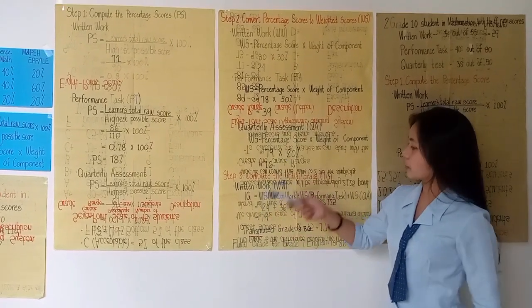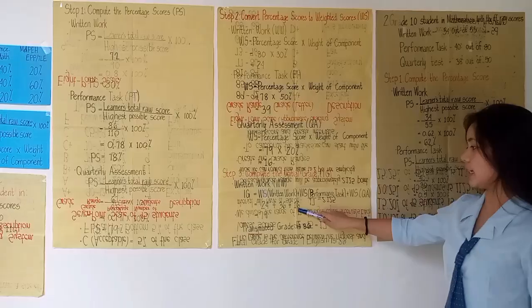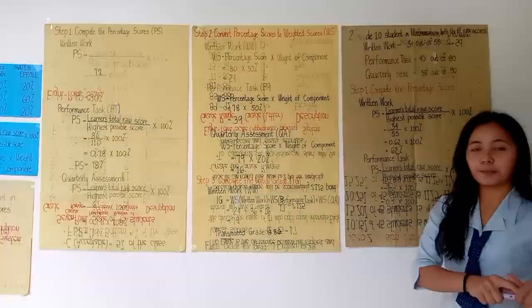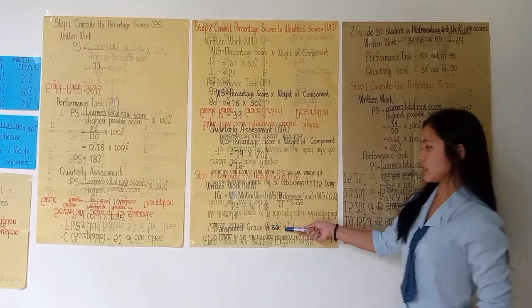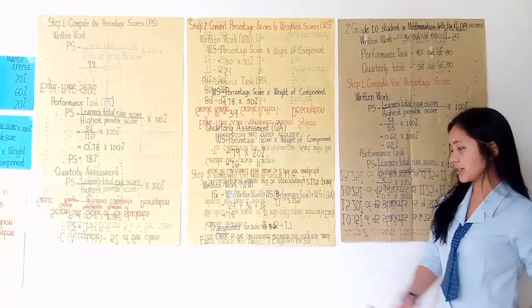So 24 plus 36 plus 16 is 79. And using the transmuted table, 79 is transmuted to 86. So the final grade for the grade 7 English is 86%.